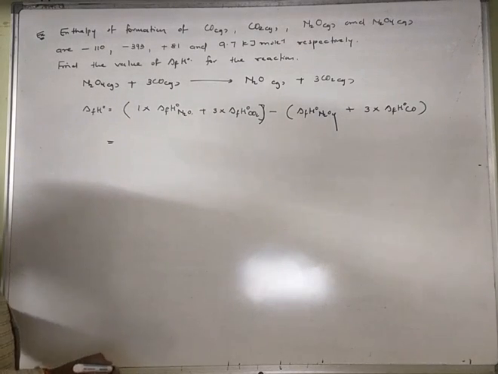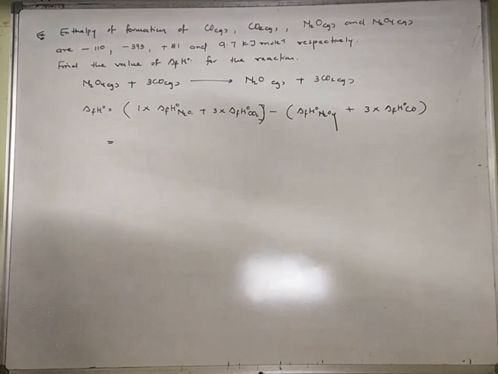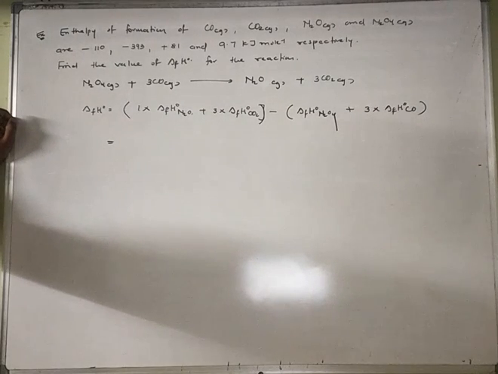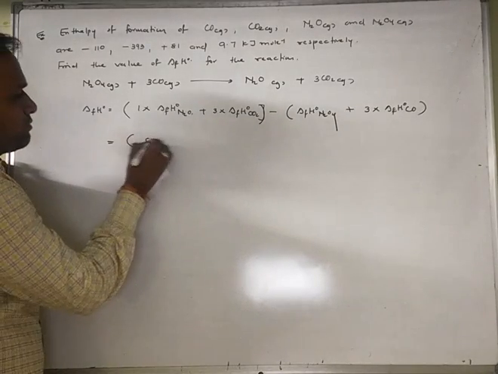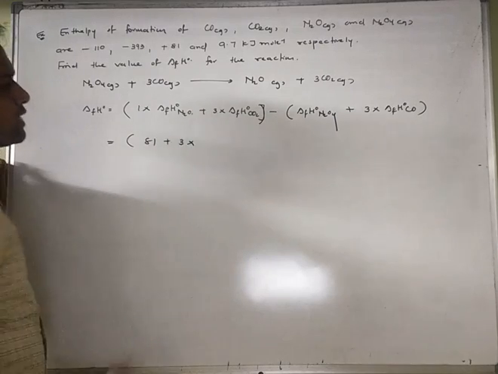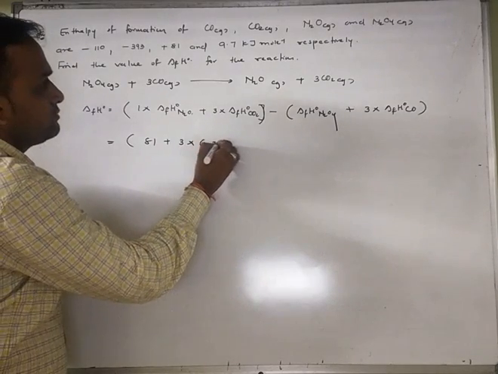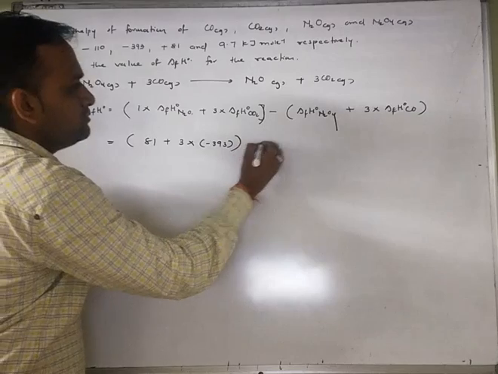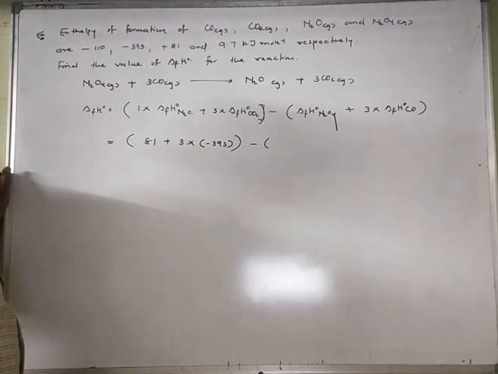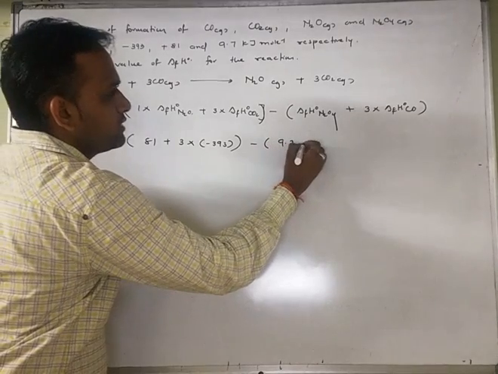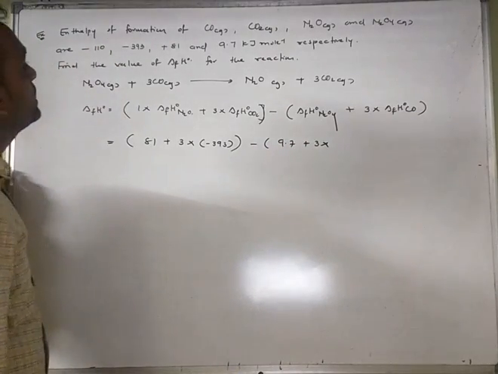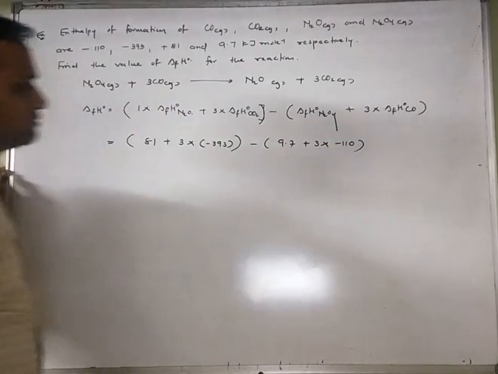चलो N2O का कितना है? तो N2O, 81, CO2 का कितना है? तो -393, N2O4 का कितना है? 9.7, CO का कितना है? -110.